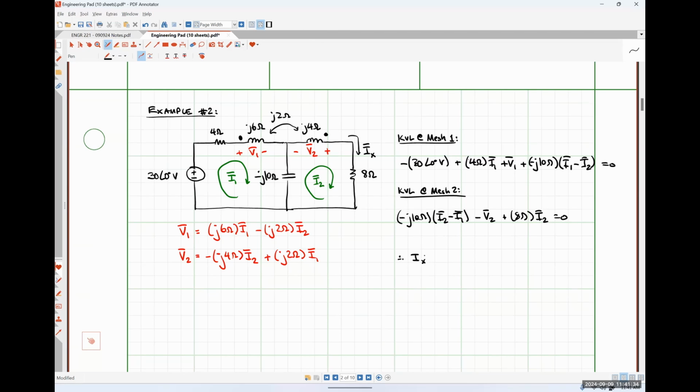And IX is just equal to I2, which comes out to 2.631 with an angle of negative 52.125 degrees amps.